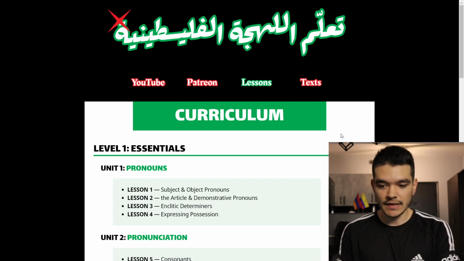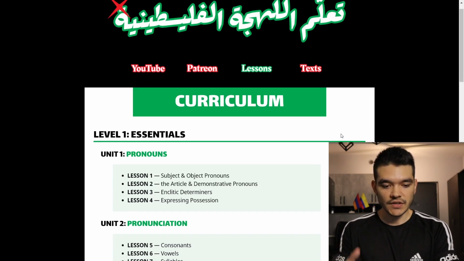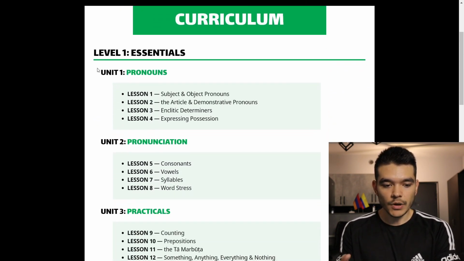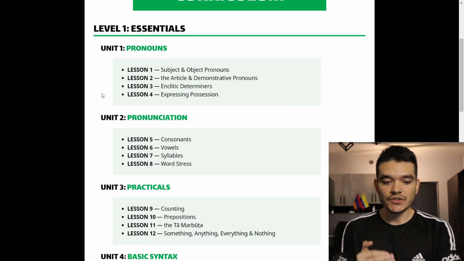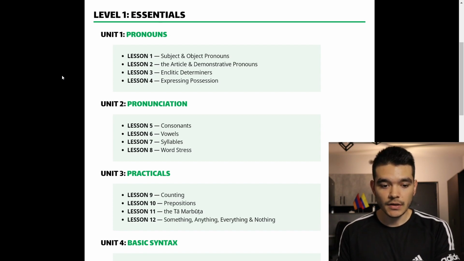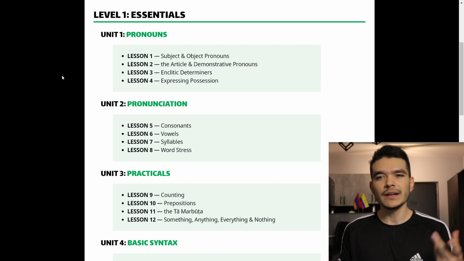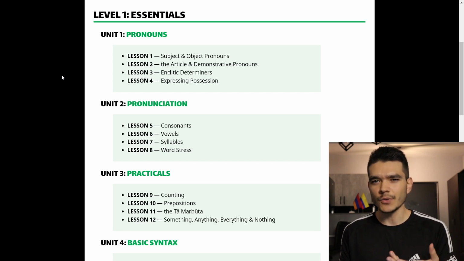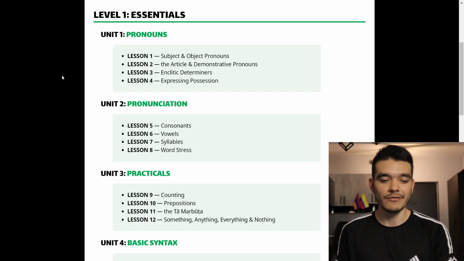So let's just take a little bit of a look at what it is. It says curriculum, level 1. You have a couple of levels, and then a couple of units within each level, and then each unit has a few lessons. Level 1 is if you really have never even touched Arabic, although I guess I never really made a video or a lesson about reading and writing Arabic, so learn that if you haven't already.